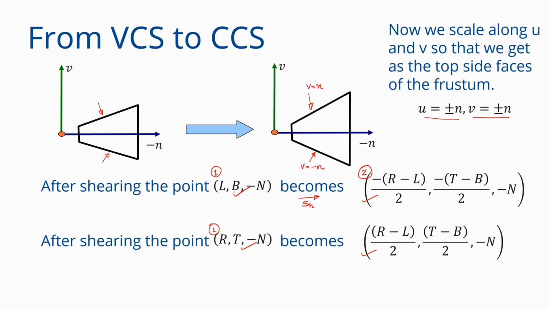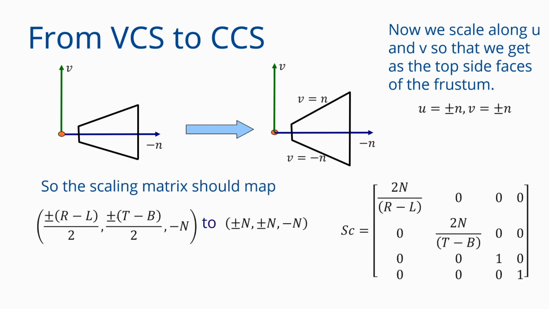Okay. Now what do we want to do in the second step? We want to transform this second view frustum to a third view frustum, which is even more regularized, where the side planes have gone to u equal to plus minus n, and therefore these points in 2 should now map to these points in 3. So these points are plus minus n, minus n, right? So the u and the v coordinates just become plus minus n.